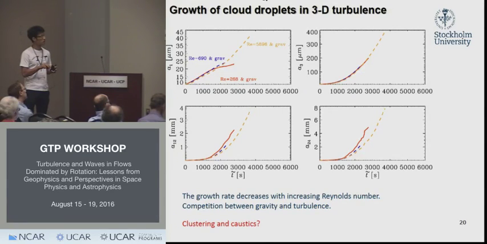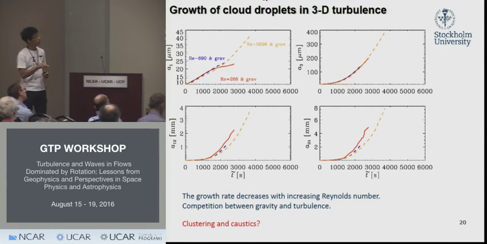Because for the collision, there are two mechanisms that contribute most to the collision process. The first one is clustering, the other one is accelerations. When you have clustering, the local number density of the cloud droplets will increase, and then the collision rate will increase. And when you have accelerations, which means that the velocity difference between two droplets will increase, then the collision rate will also increase.